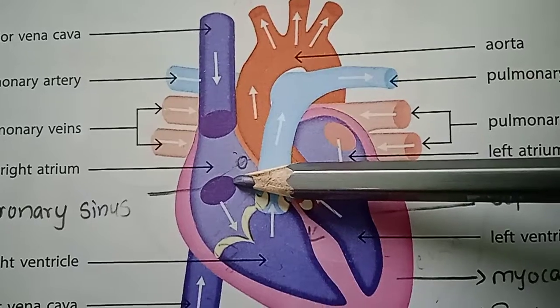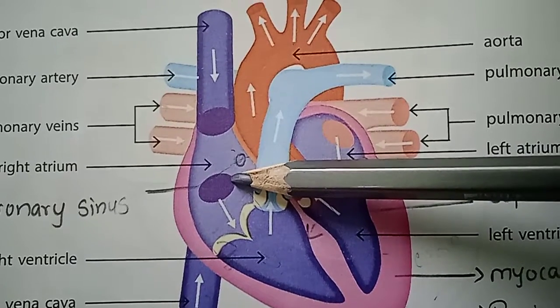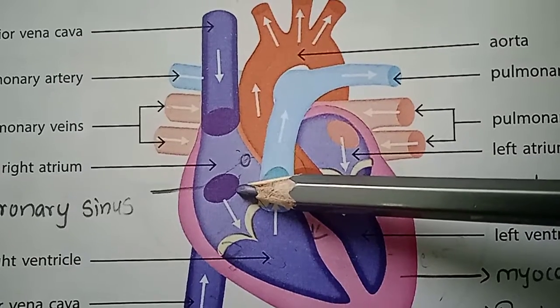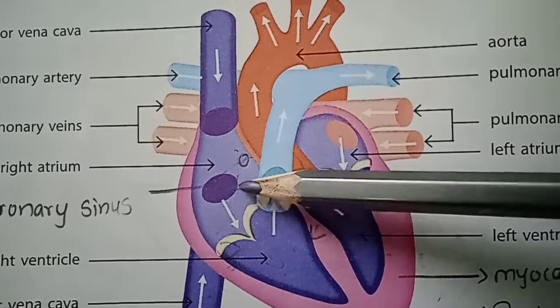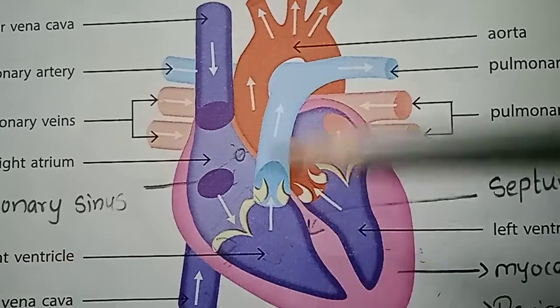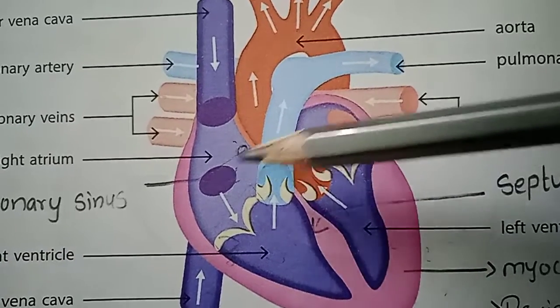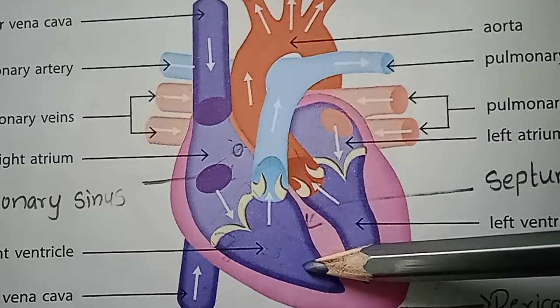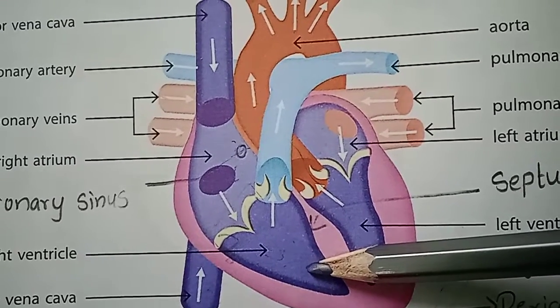Now these atria contract, forcing the blood to enter the ventricles. When blood has entered the two atria, it has to go down to the ventricles, so a force is needed.